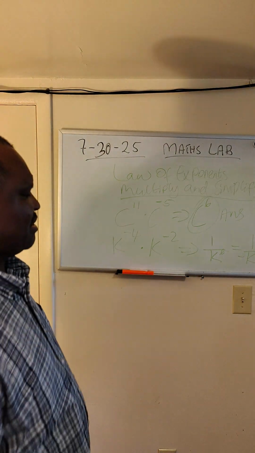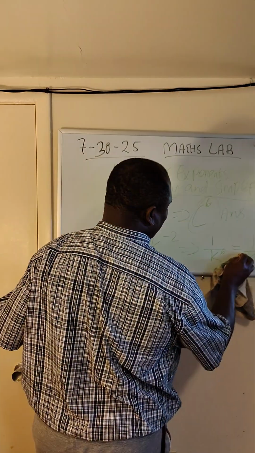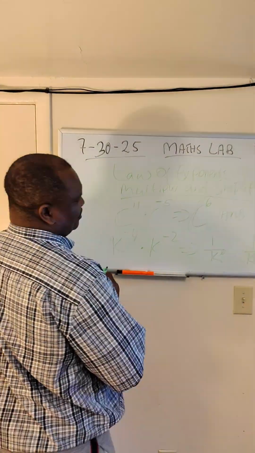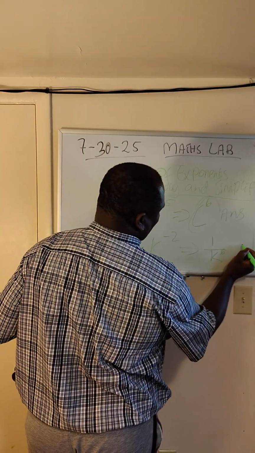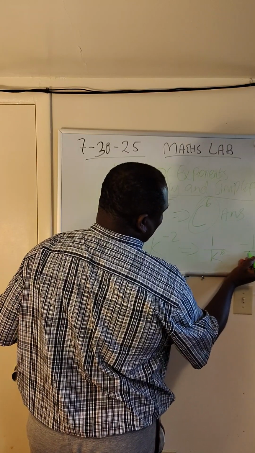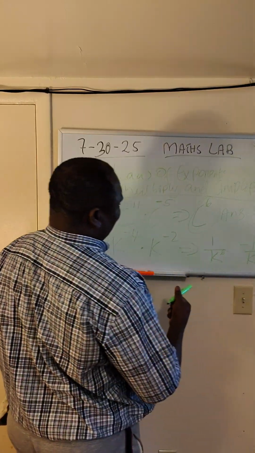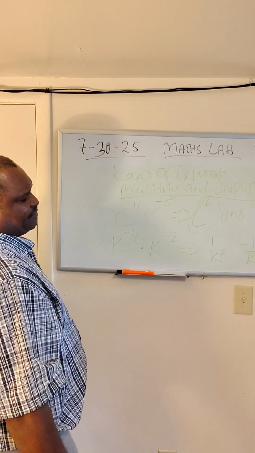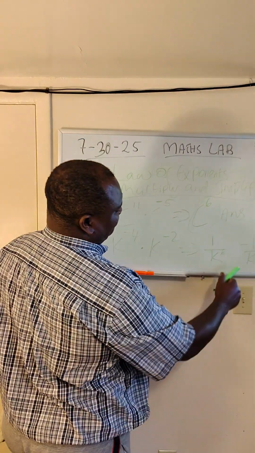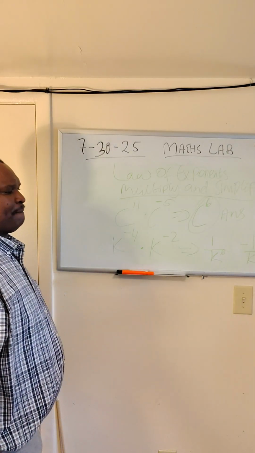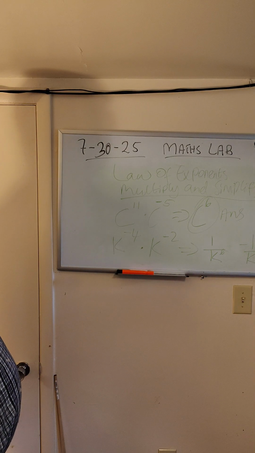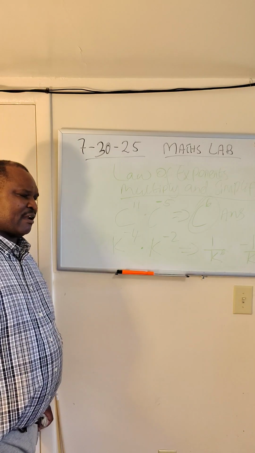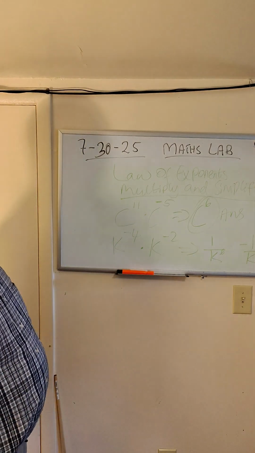Now the final answer becomes negative 1. So this negative is not fully gone, but it remains. The negative sign remains, but it becomes negative 1 over k raised to the power of 6.